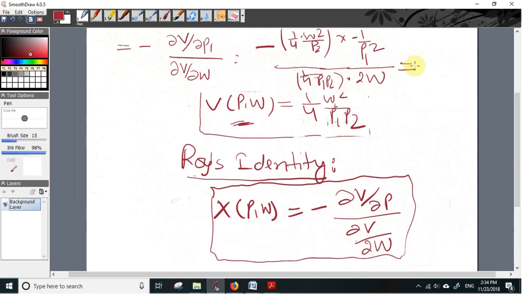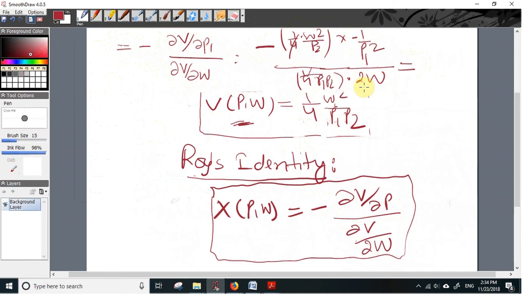Now the negative and negative is positive, so 1/4 cancels.